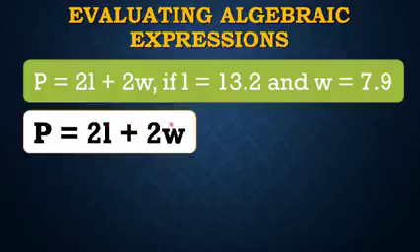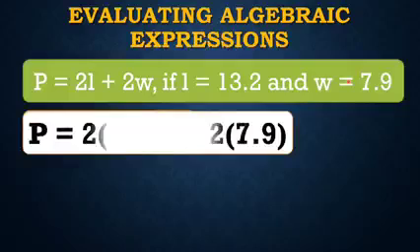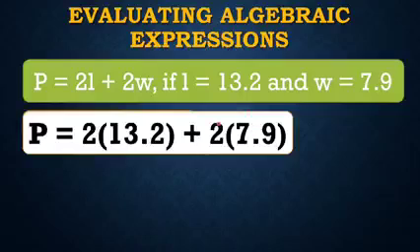The combination of twice of its length and twice of its width. So, substitution, yung L magiging 13.2, yung W magiging 7.9. The perimeter becomes 2 times L, which is 13.2, plus 2 times W, which is 7.9.